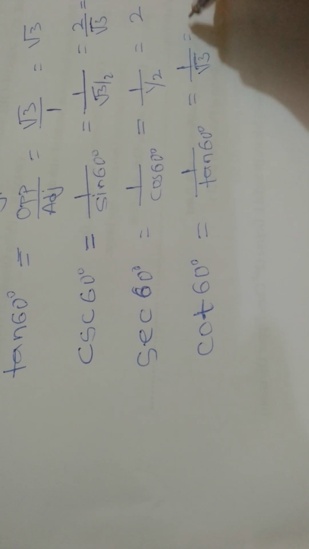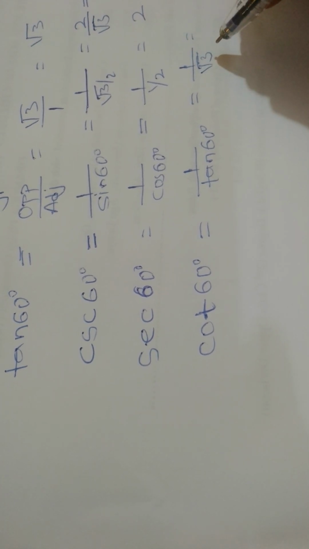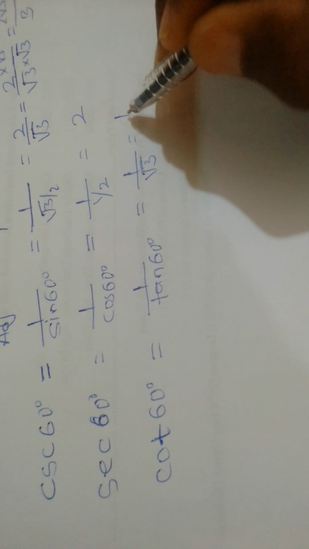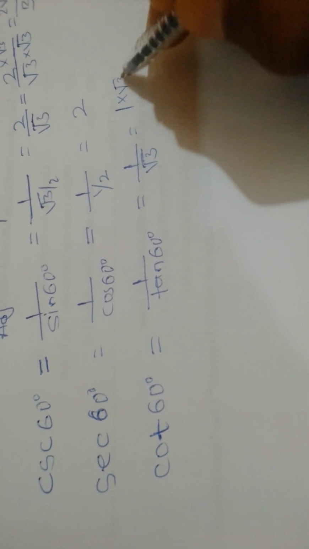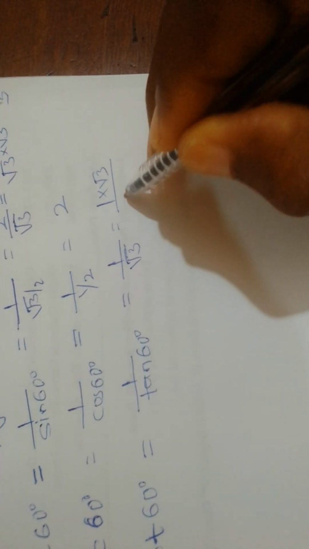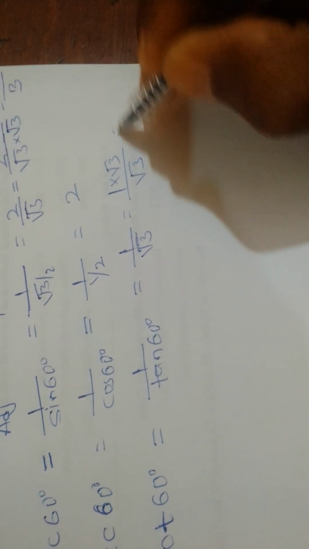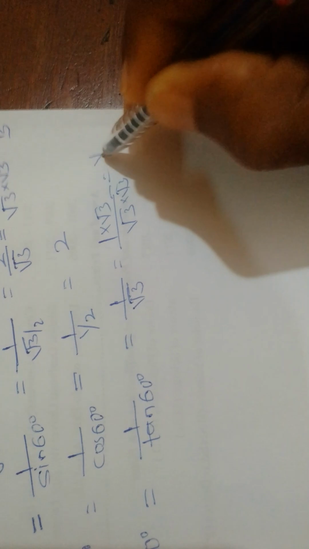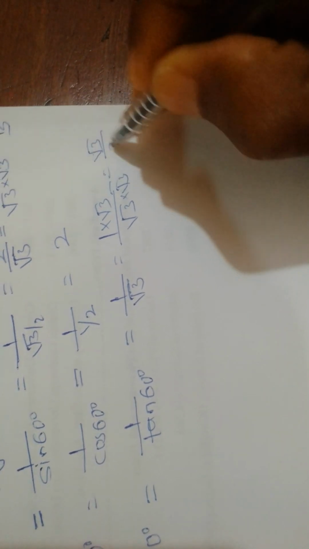And then you don't leave a root as your denominator. So we rationalize. That's going to be 1 times root 3 over root 3 times root 3, which will give us root 3 over 3.